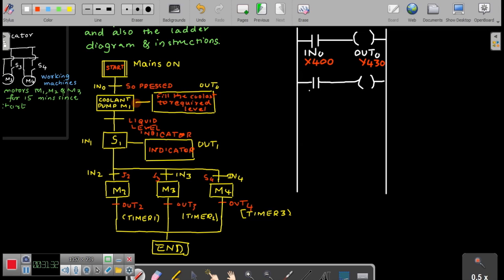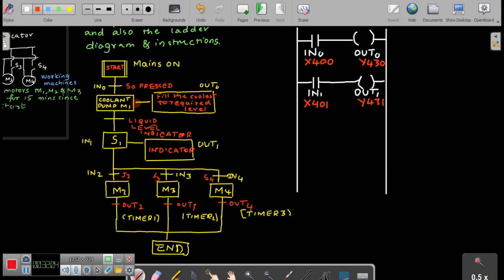So this I will write as IN1, and this will be out 1. I can write it as X401 and Y431.